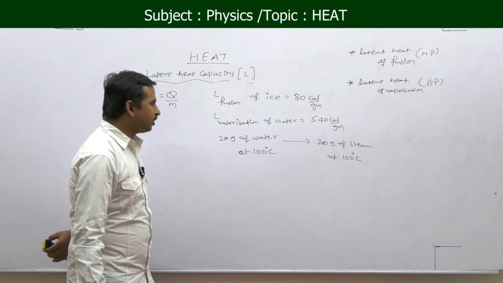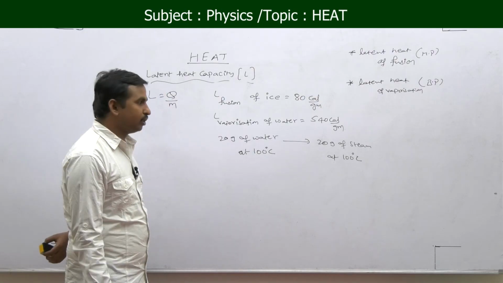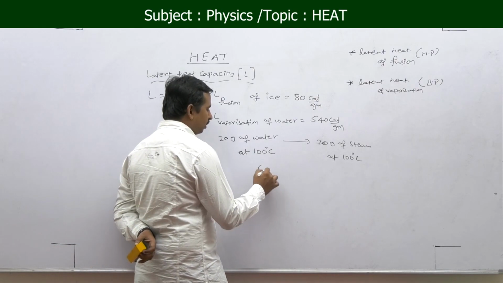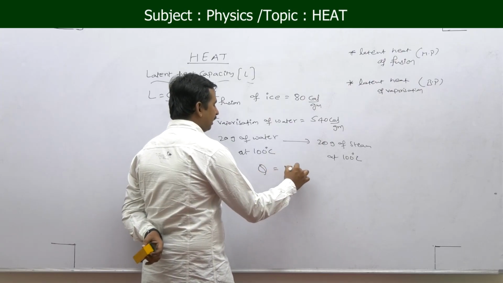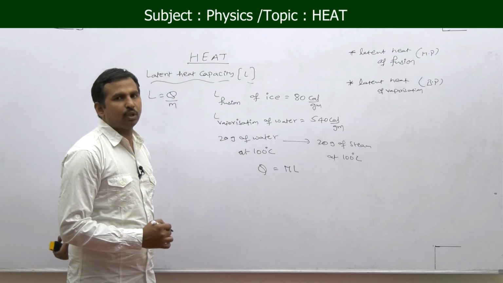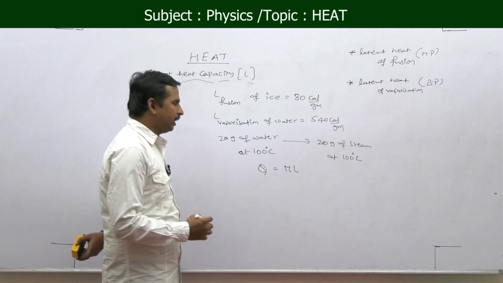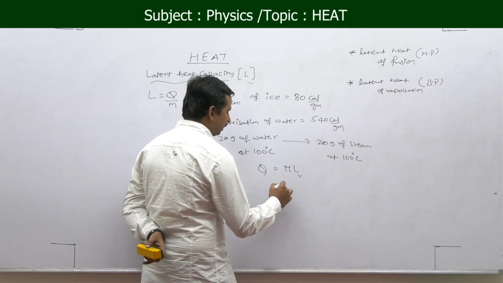Then in this case, the latent heat of vaporization comes in. So the amount of heat energy we have to supply, Q, is again M into L, where L is not the latent heat of fusion. Now it is called the latent heat of vaporization.